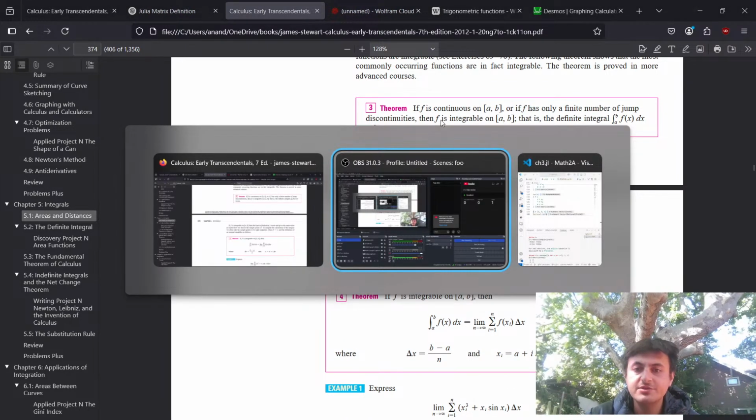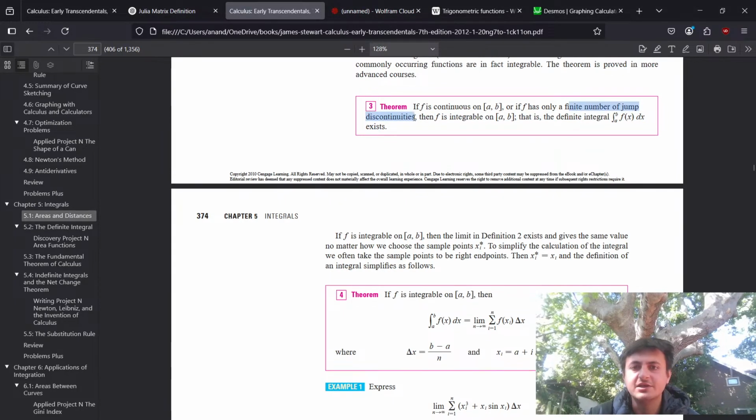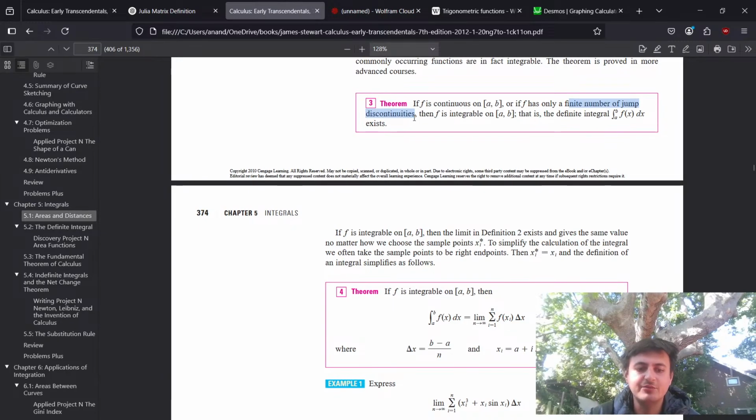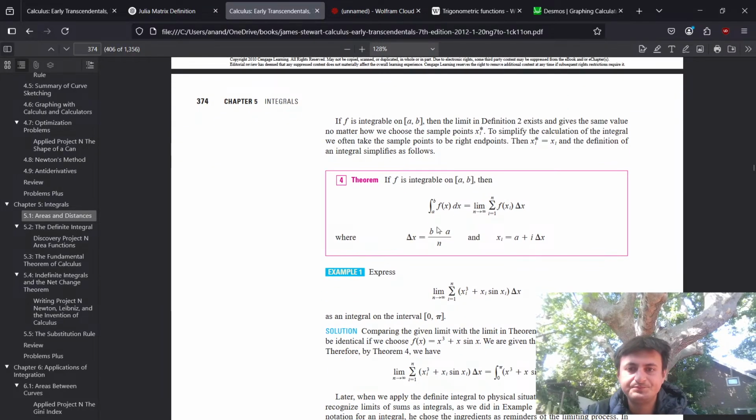Coming back to a subject like this is actually really fun because it's like, look, only a finite number of jump discontinuities. Suppose that you have that, what was that Dedekind set where you have the rationals equal to 1 and all the irrational numbers equal to 0, and then it's going to jump, densely everywhere.